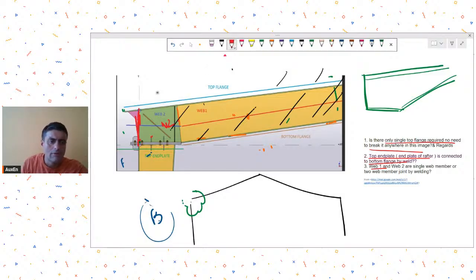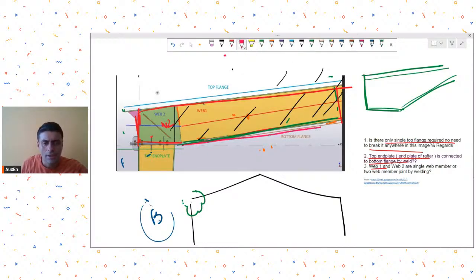So they could have one web piece made by cutting, and this could be one flange piece, this could be another flange piece, and a second flange piece over here.